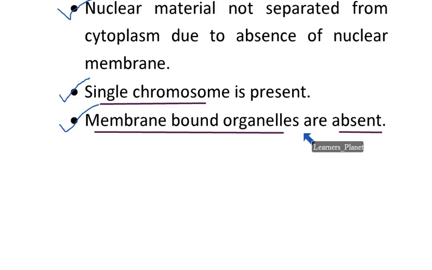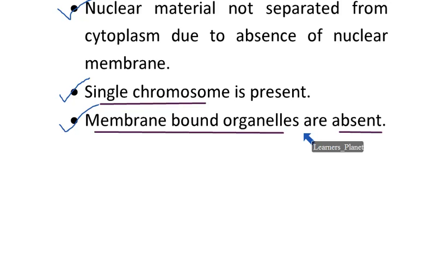Within the cell there are some small compartments, and these compartments are known as organelles. These organelles may be separated from the cytoplasm by a membrane or they may not be bound by a membrane. In prokaryotic cells, membrane bound organelles are absent.